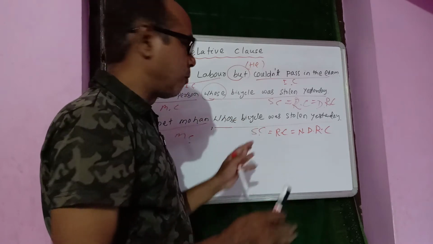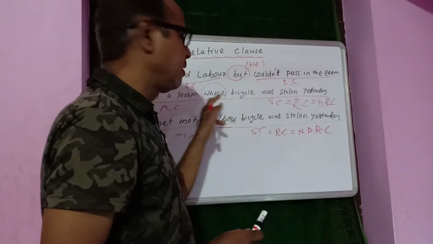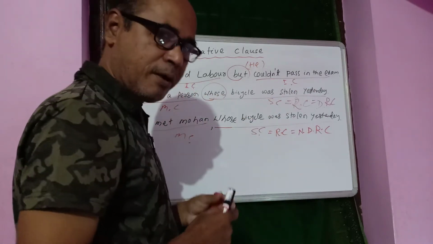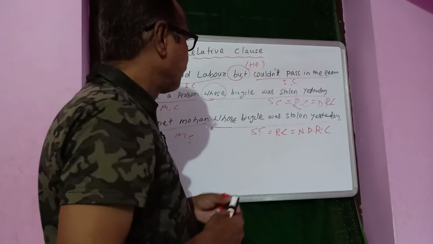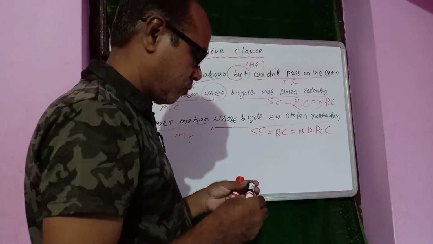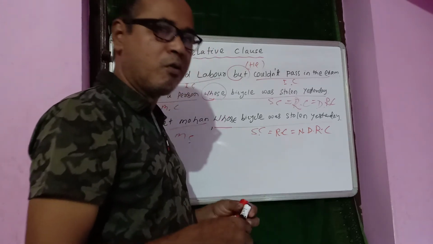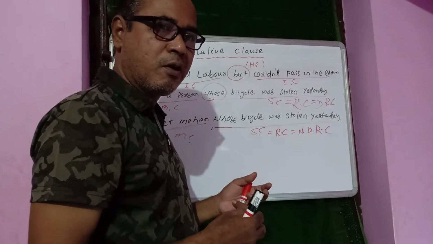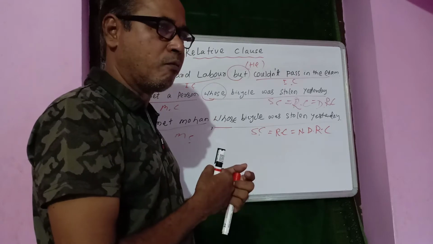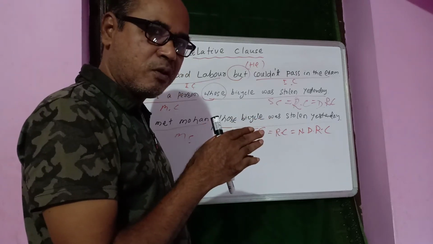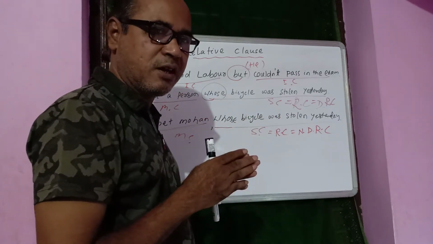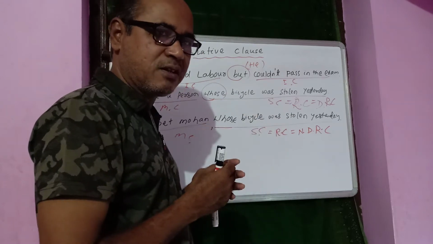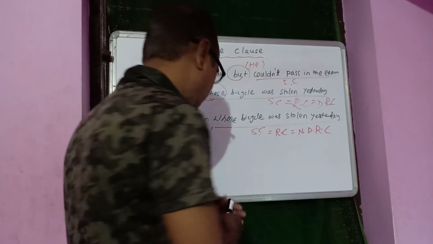Here there is no comma, as it is a defining relative clause. How do relative pronouns work as subordinating conjunctions? How does the relative pronoun join two simple sentences and make a complex sentence? Let's see.